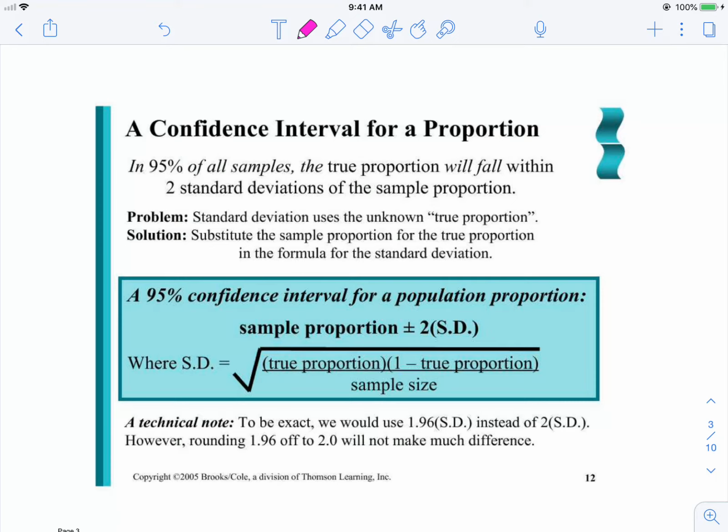Now, the issue here is that we're using the population proportion as both the center of this curve and as part of our calculation for standard deviation. But if you think about it, the whole purpose of taking a sample is because we don't know what's actually happening in the population.